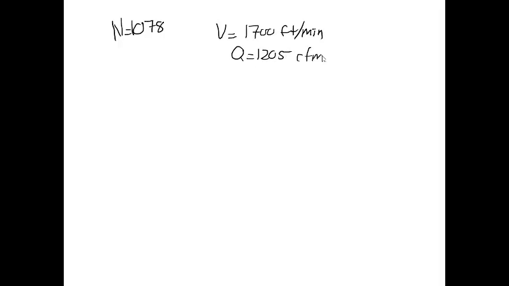So keeping the fan speed as constant as I can, 1078, in this case I would get 1700 feet per minute for a flow rate of 1705 CFM. That's all with a static pressure of 3/4 of an inch of water.